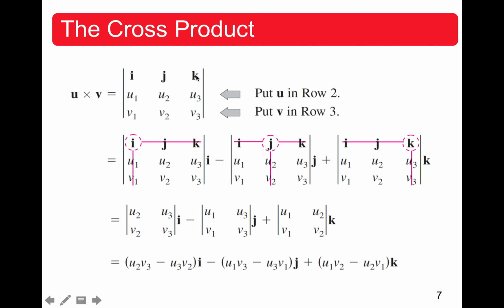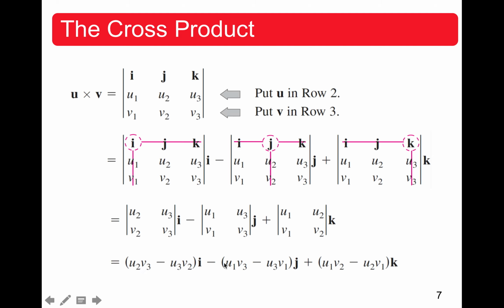If we put the i, the j, and the k here, here are our coefficients for vector u, and here are our coefficients for vector v. You remember we block out the row and the column with i, so then we take u2 times v3 minus u3 times v2. That's where that smaller 2x2 matrix comes from.